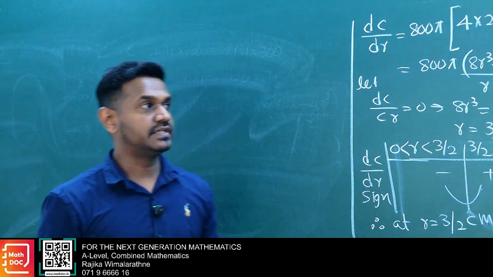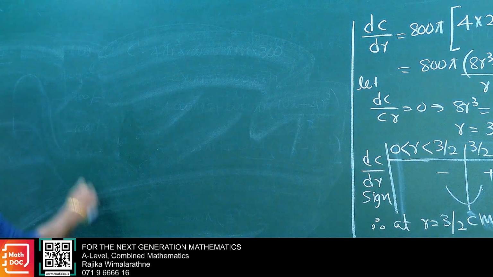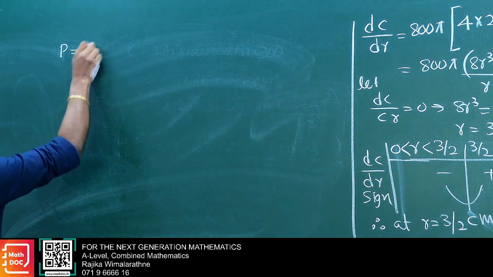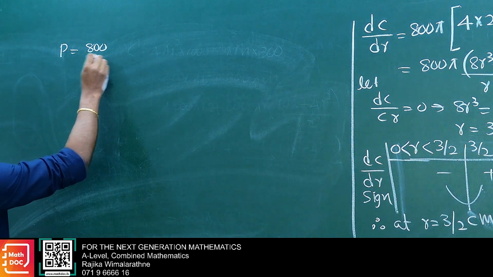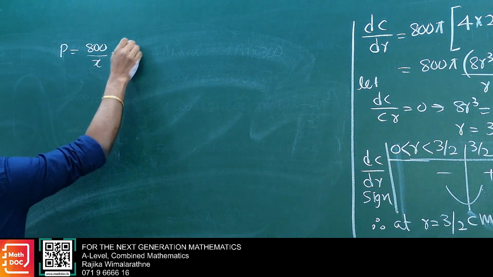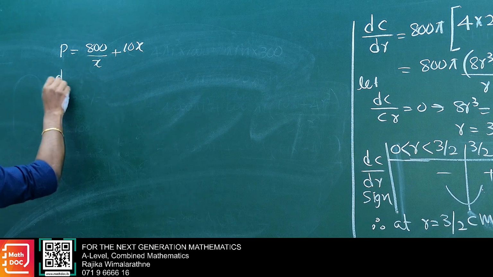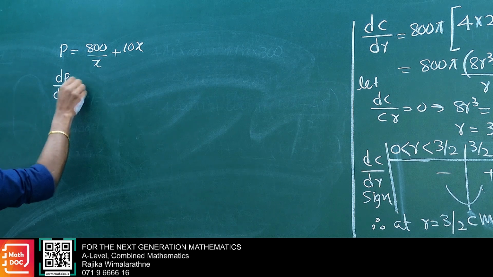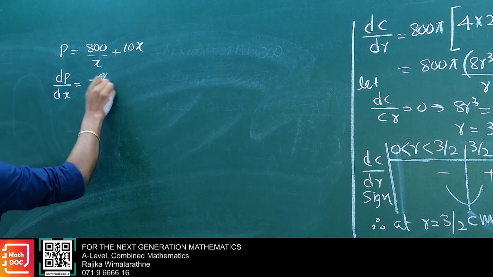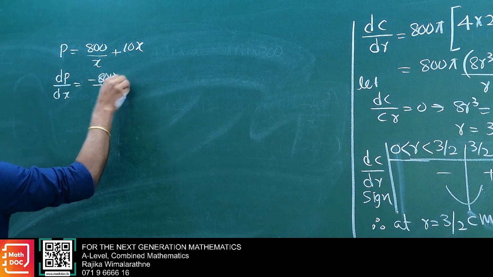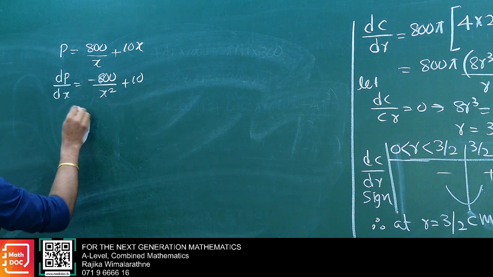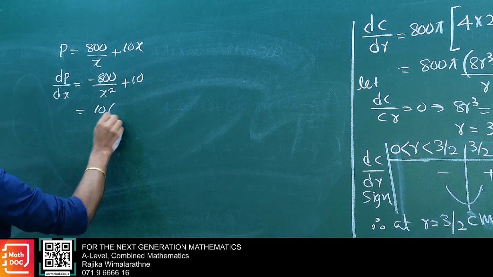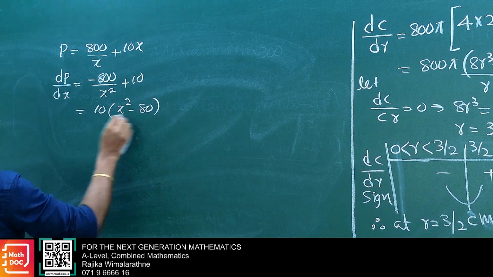Take that perimeter function P equals 800 over x plus 10x. dP over dx equals minus 800 over x squared plus 10, which is (10x squared minus 800) over x squared.